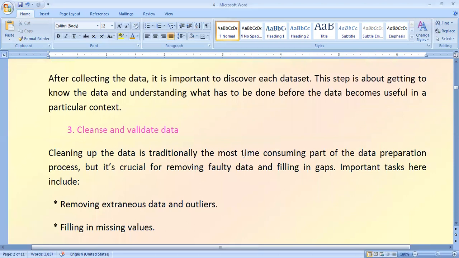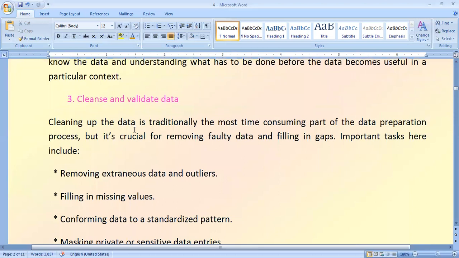After collecting the data, it is important to discover each data set. This step is about getting to know the data and understanding what has to be done before the data becomes useful in the particular context. Cleanse and validate data. Cleaning up the data is traditionally the most time consuming part of the data preparation process, but it's crucial in removing faulty data and filling the gaps.